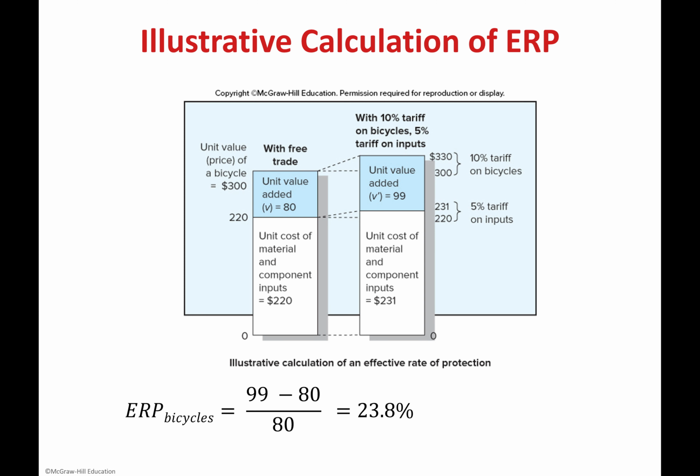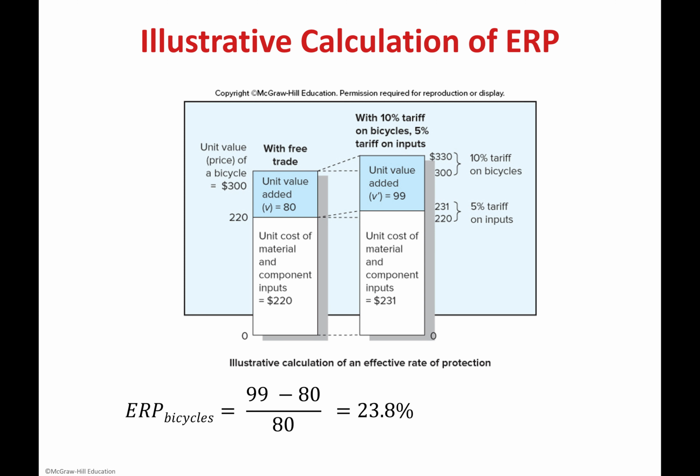Now, if we have a 10% tariff on bicycles and a 5% tariff on inputs, so on the components that are used to manufacture a bike, if we wanted to do that in the US, then what we need to do is to calculate the total tariff base for the bicycle industry.